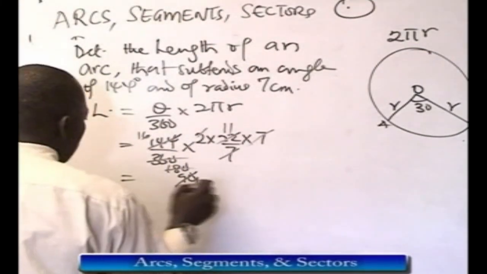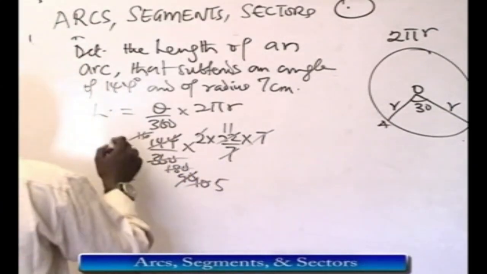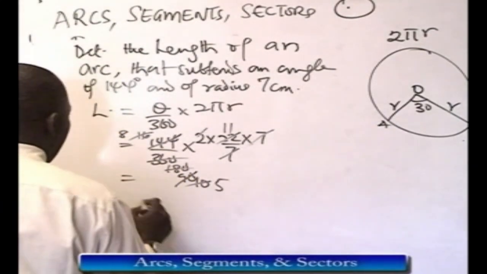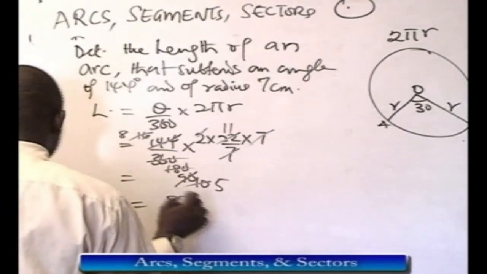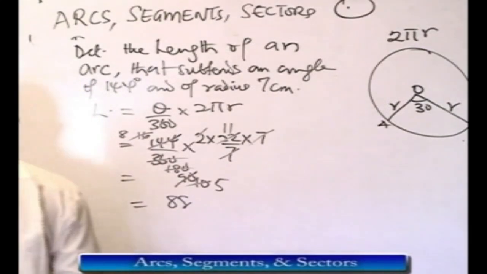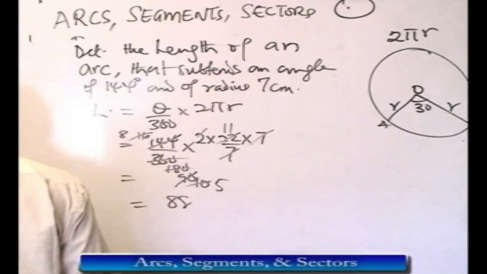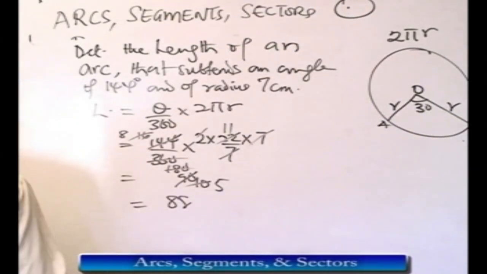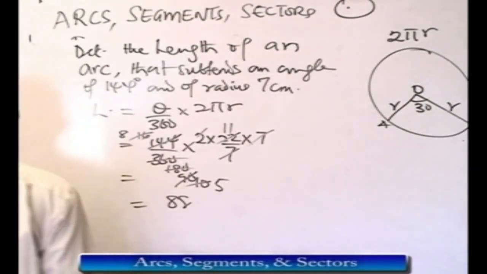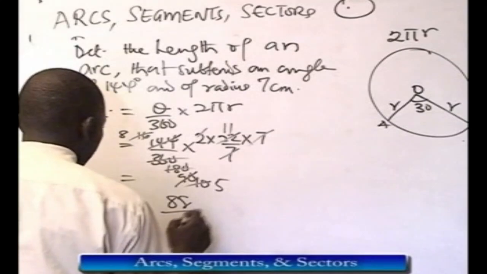Again, 2 will go 5, and then 2 will go 8. So eventually you will have 88 divided by 5.